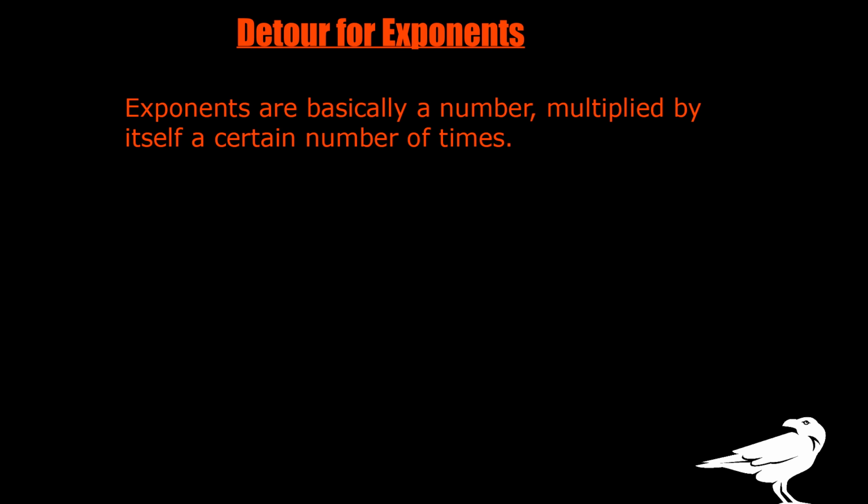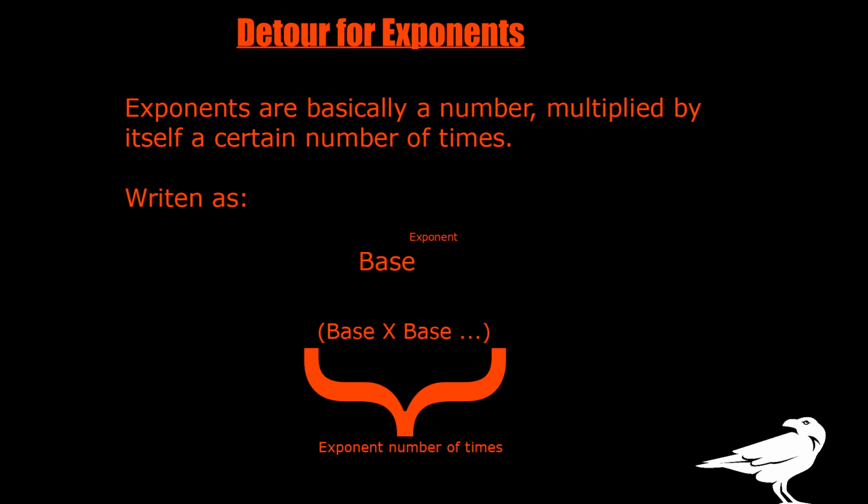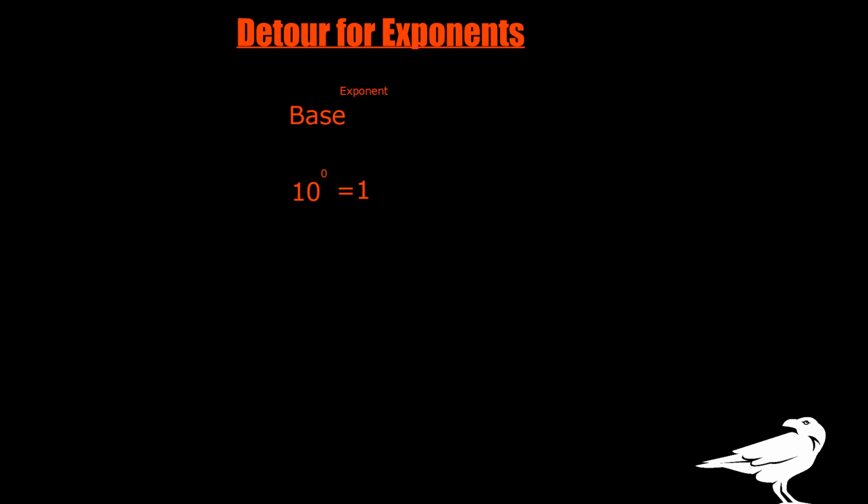Exponents basically just means a number multiplied by itself a certain number of times, and it's usually written as a base value with an exponent, and it literally just means that base value, that big number, multiplied by itself exponent number of times. So for instance, 10 to the power of 0 is equal to 1. If you're wondering how do you multiply something by itself 0 times, you don't really. Shortcut, you can take anything to the power of 0 as 1.